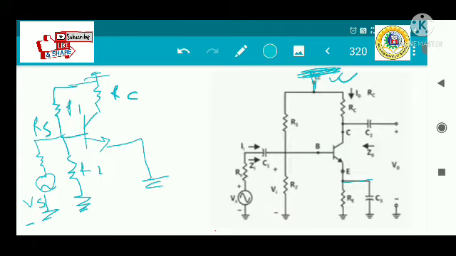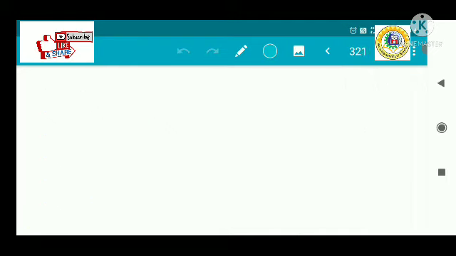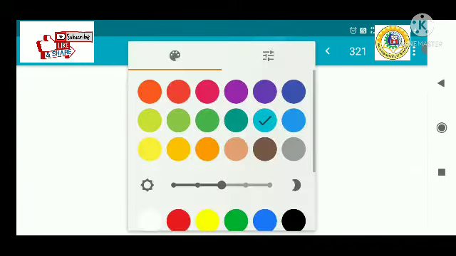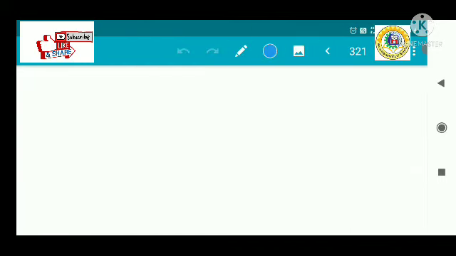If you further simplify the circuit in a different way, R1 and R2 are connected to ground, so these two are in parallel, and the RC is also connected to ground. Okay, so the circuit will eventually look like this.